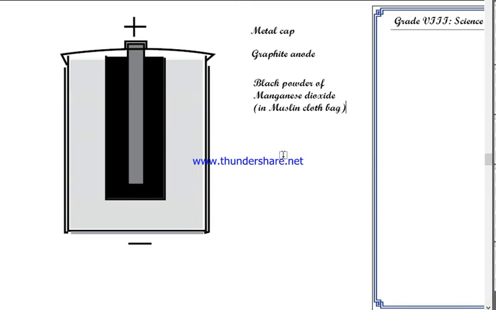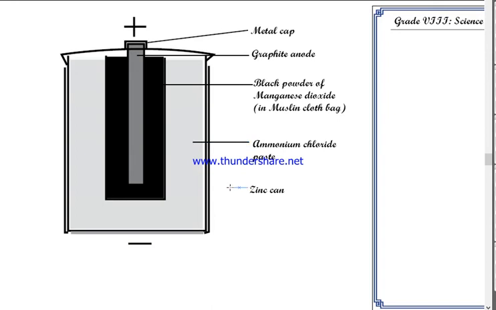And then we have ammonium chloride paste, and then the zinc can. This much we need to label: metal cap, graphite rod, black powder, ammonium chloride paste, and zinc can.